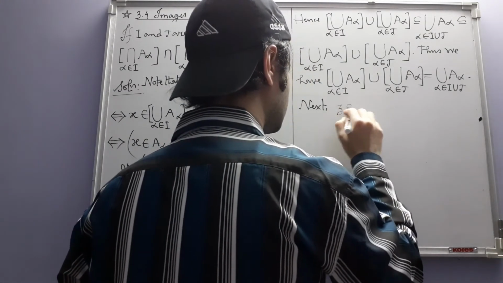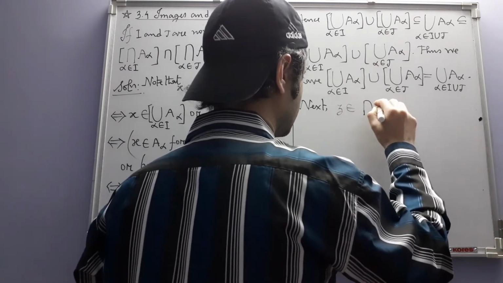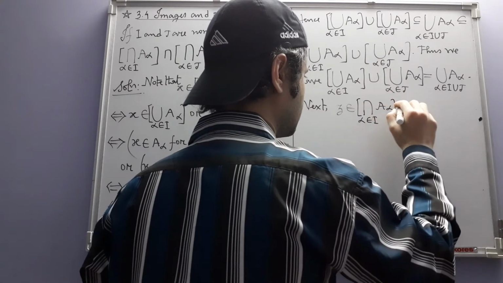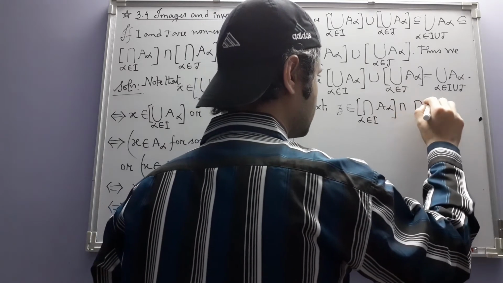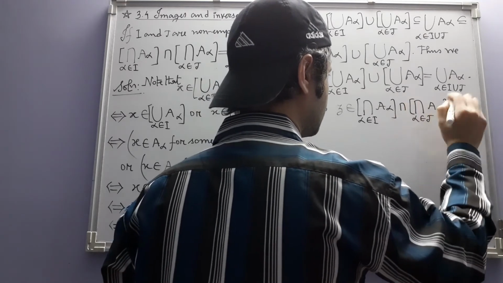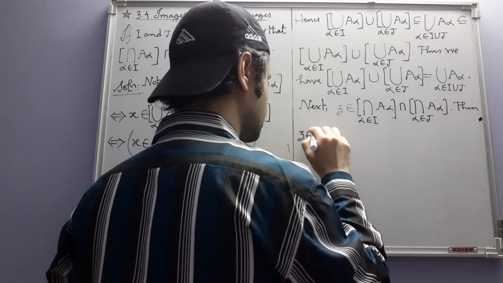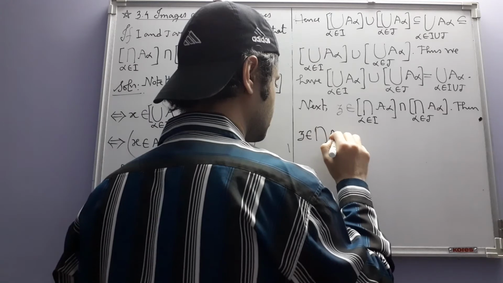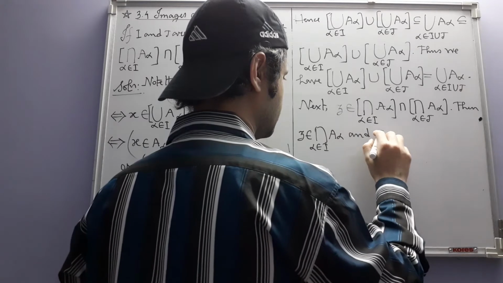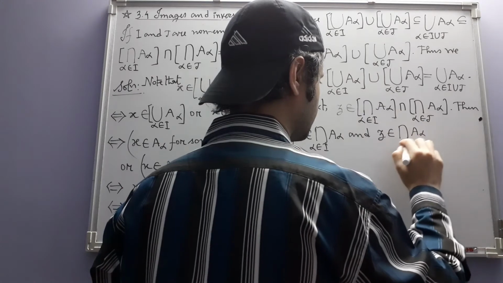Let z be any element in this intersection of two intersections. Then z belongs to the first intersection and z belongs to the second intersection.